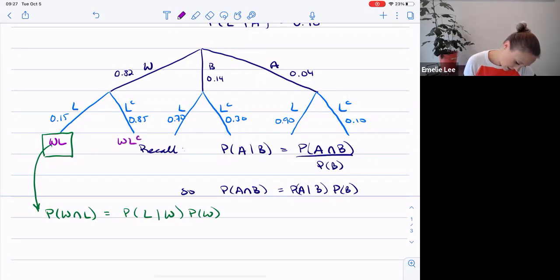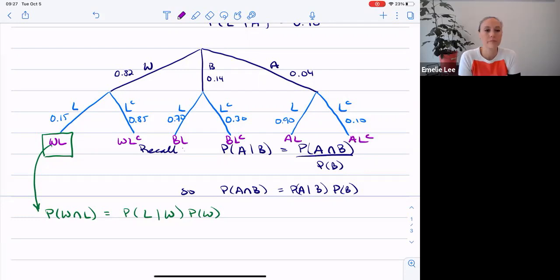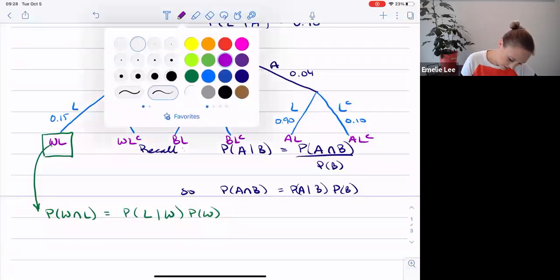So W and not L, BL, B and not L, AL, A and not L. Okay. So what you can do is you can find those probabilities by just multiplying down the branches.